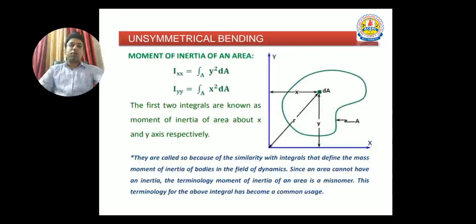Before starting unsymmetrical bending, first we have to discuss what is moment of inertia of an area. Actually, moment of inertia of an area is a misnomer. Why? Because moment of inertia only occurs in bodies in the field of dynamics, the bodies which contain three-dimensional axes x, y, and z.